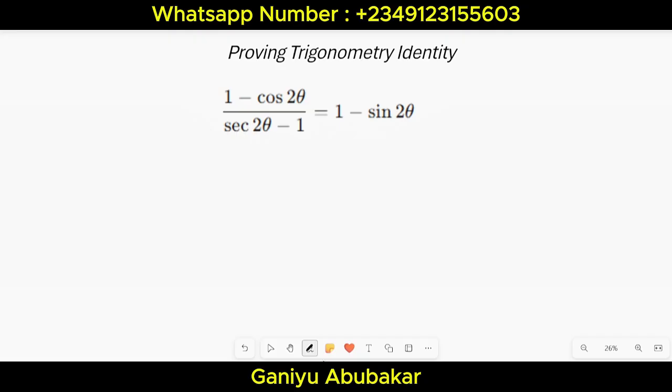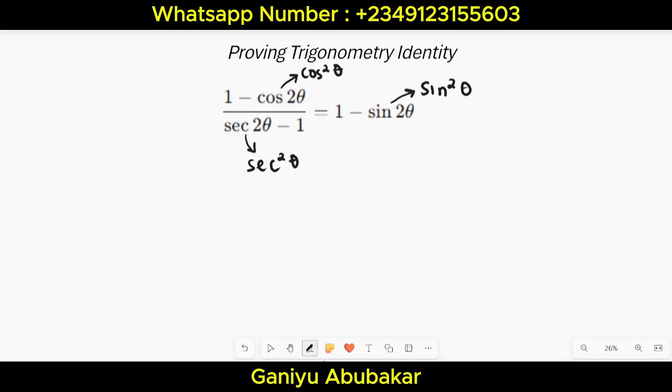We want to look at how we can possibly prove this trig identity. The question says prove that (1 minus cos theta) over (sec theta minus 1) is equal to 1 minus sine squared theta. Please, it is not cos 2 theta, it is cos squared theta. This one is sec squared theta, and this one here is sine squared theta.